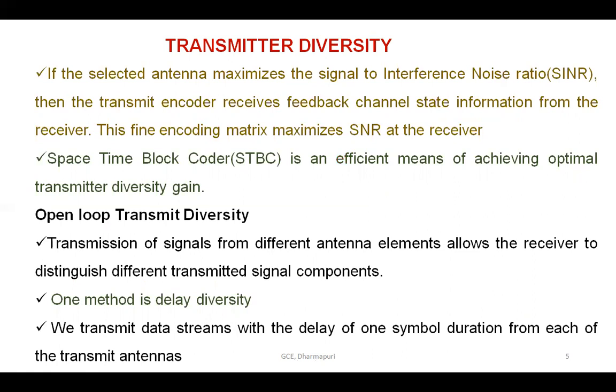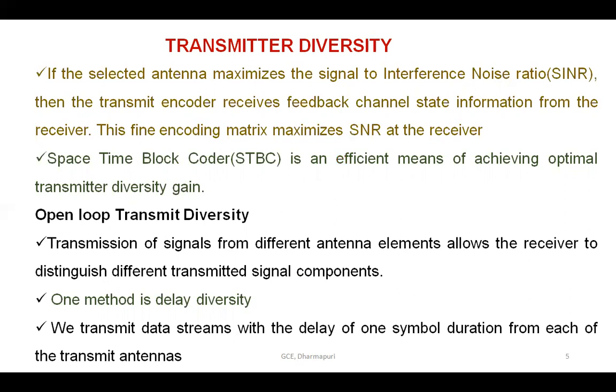This fine encoding matrix maximizes SNR at the receiver. Space-time block coding is an efficient means of achieving optimal transmitter diversity gain.